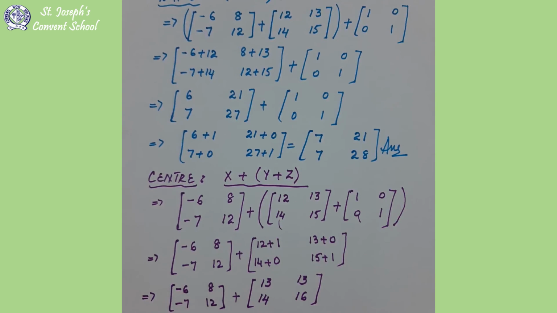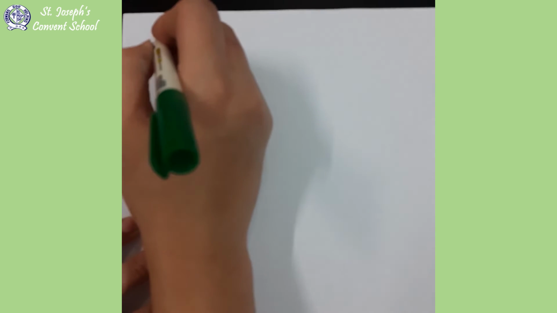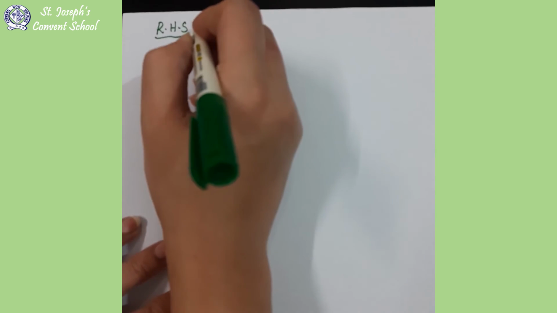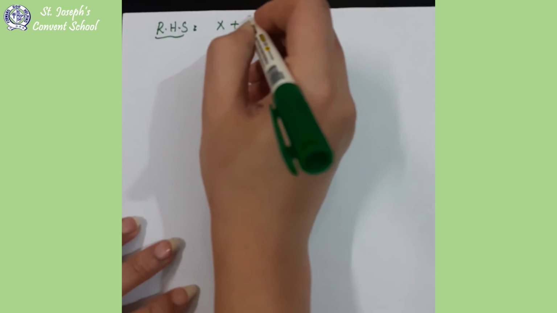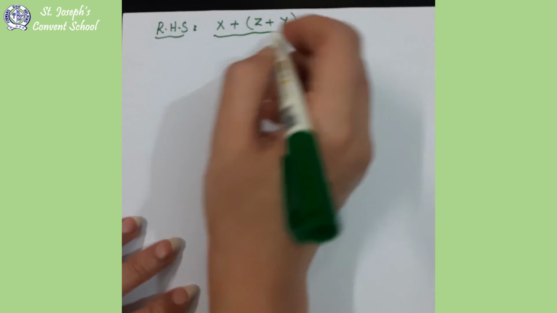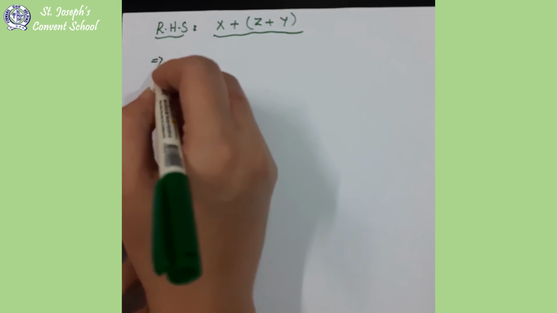Now we will solve the third one, that is right hand side. Okay, let's write the right hand side. Right hand side is x plus z plus y. Let's put the values.